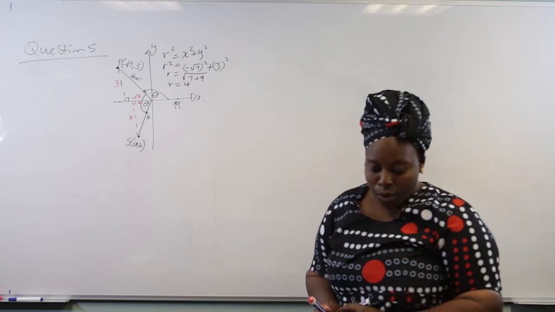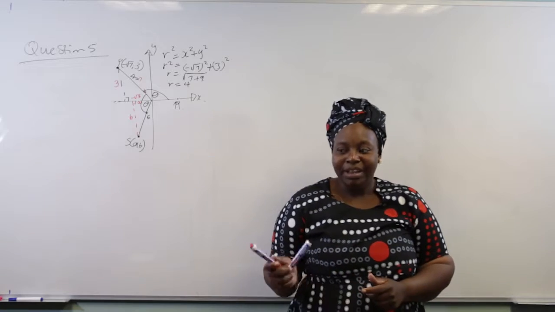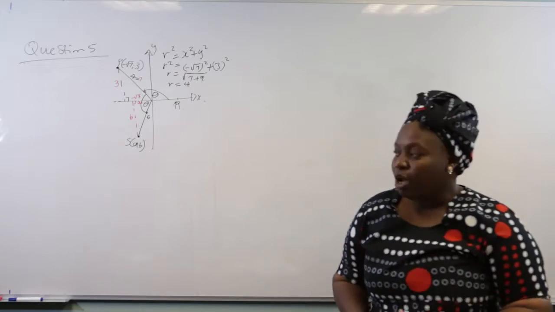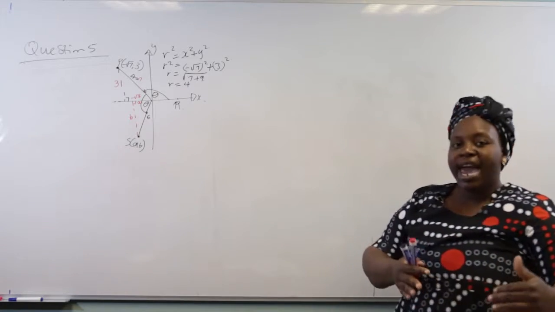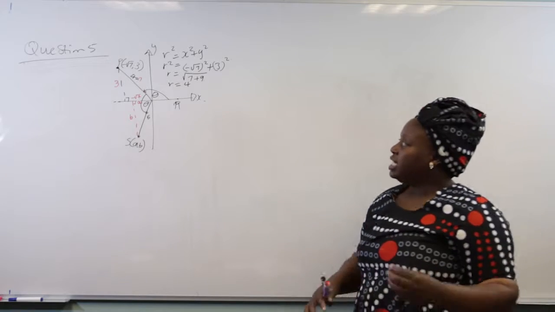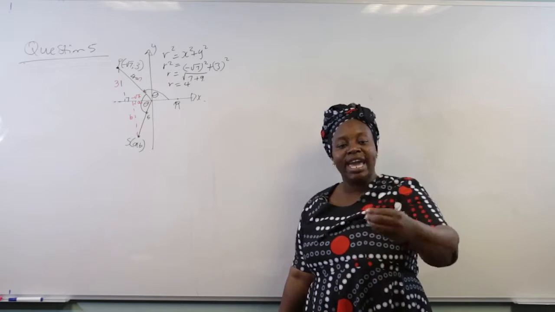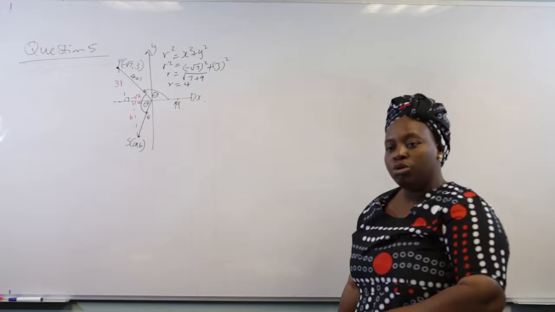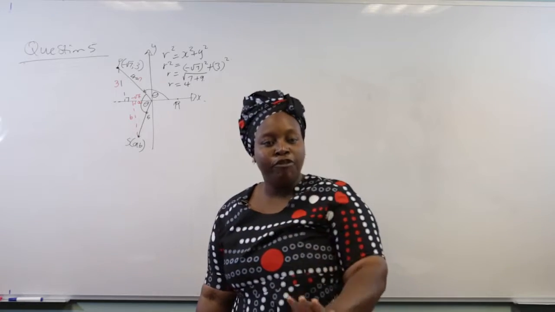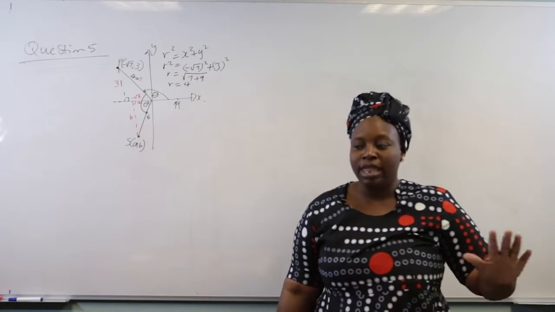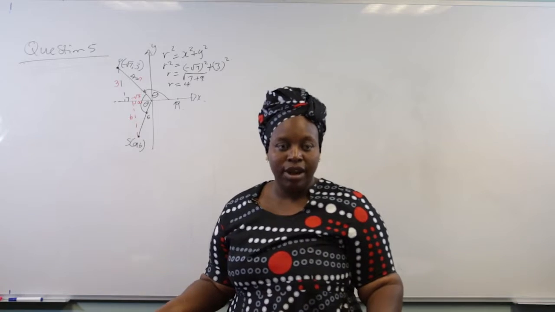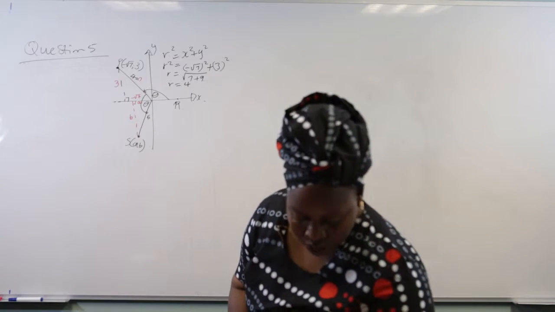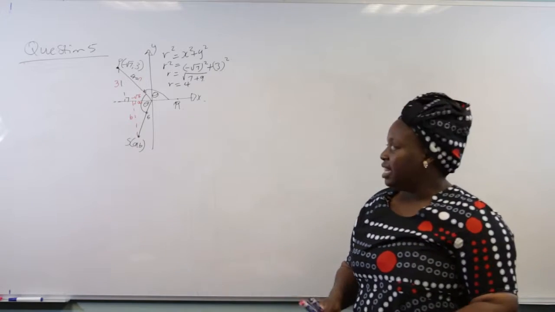Okay, now for that matter, it means you can move away and start looking at the question. Now the trick is you must allocate all the information given in a diagram before you start looking at the question, so that you don't get confused, right? Then after here you go to the question. 5.1 says find tan theta.